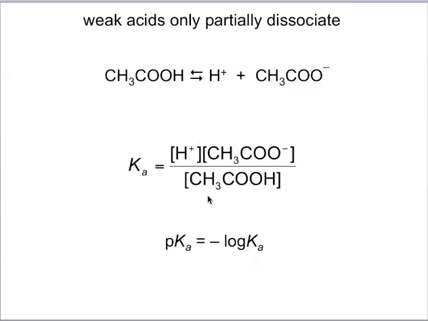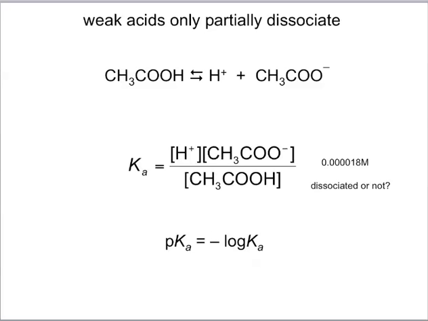We can write the Ka for this dissociation in the following way. Again, products over reactants. And we can define something called a pKa, which places this number, which is actually quite a small number, in much more manageable terms.